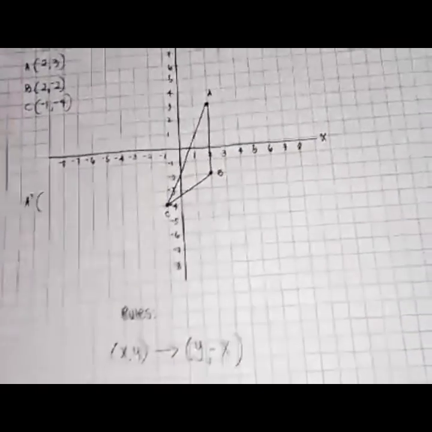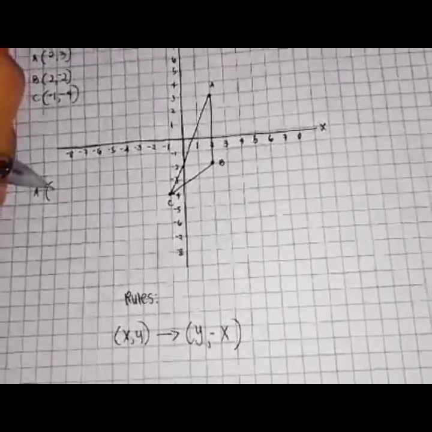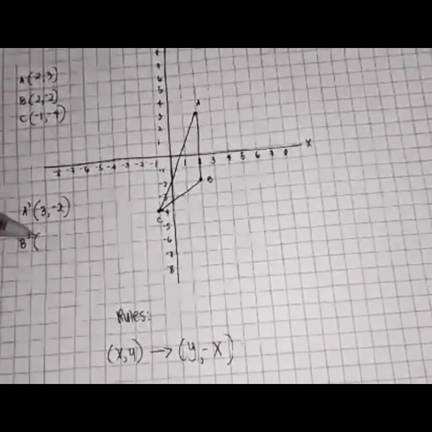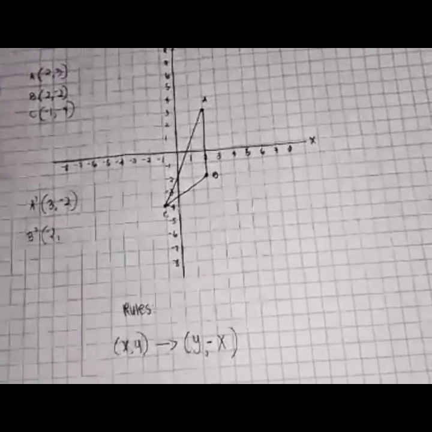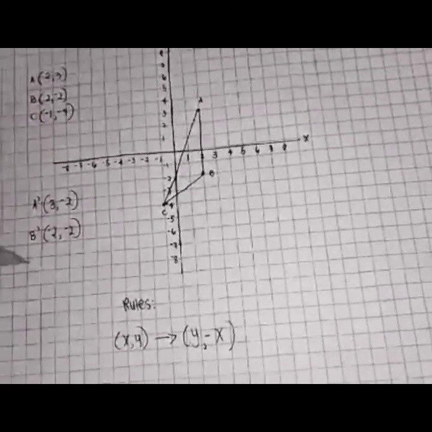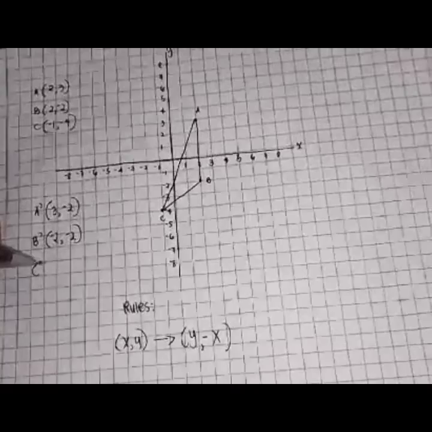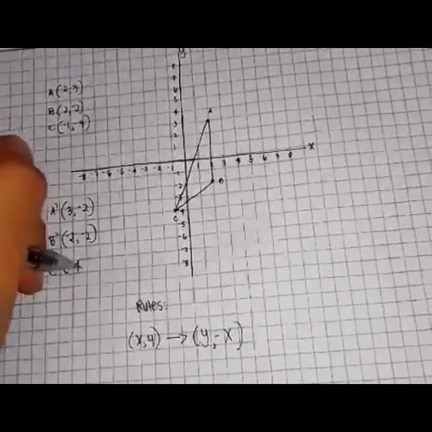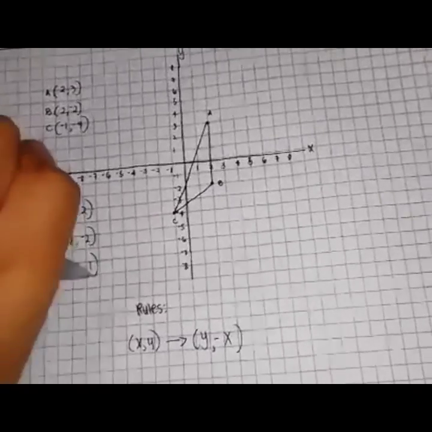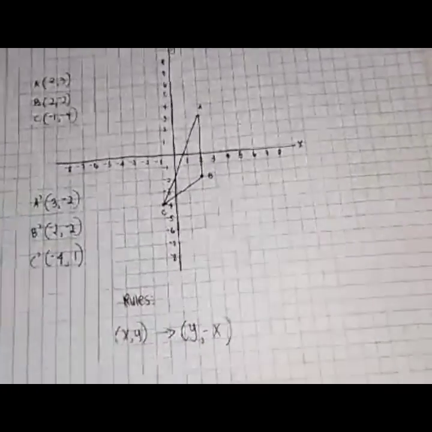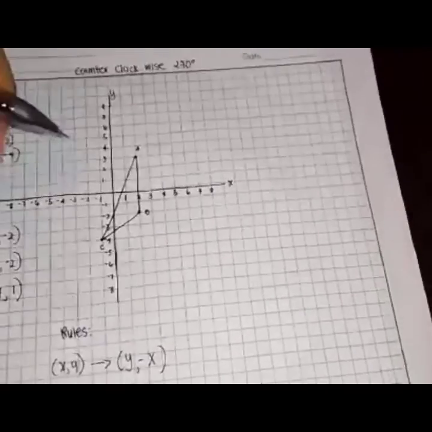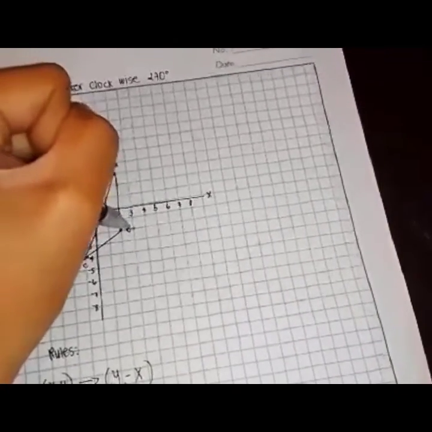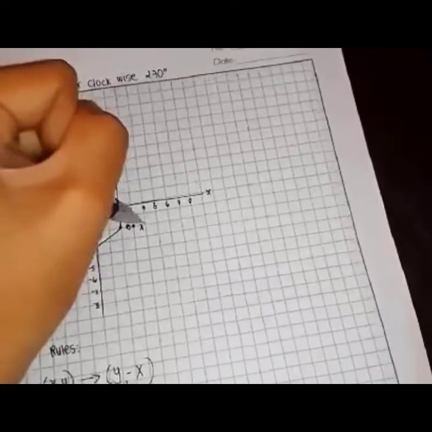The A prime is positive 3 and negative 2. The B prime is negative 2 and negative 2. The C prime is negative 4 and positive 1. Find the value of A prime, B prime, and C prime in the graph to show the result.